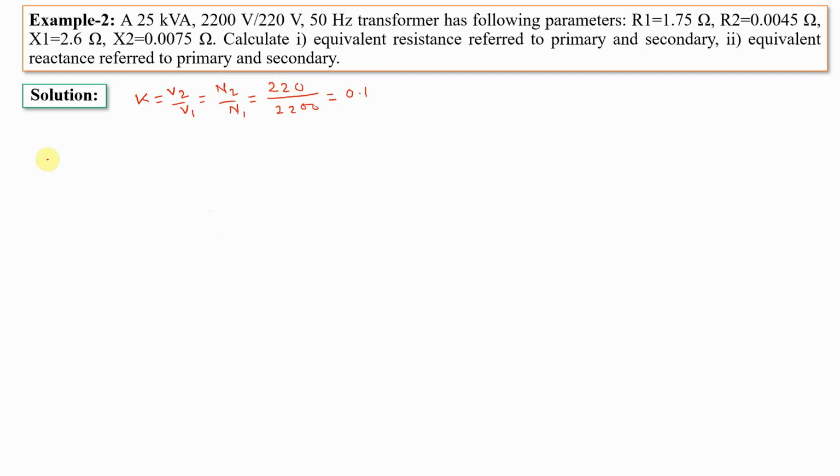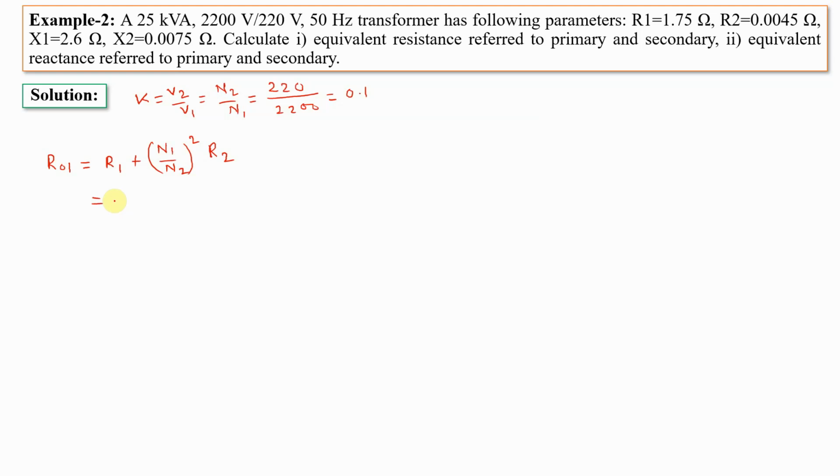Now the equivalent resistance of the transformer referred to primary, that is R01, is represented by R1 plus (N1 by N2) whole square into R2. So here N2 by N1 equals 0.1. Therefore, N1 by N2 will be equal to 1 upon 0.1.